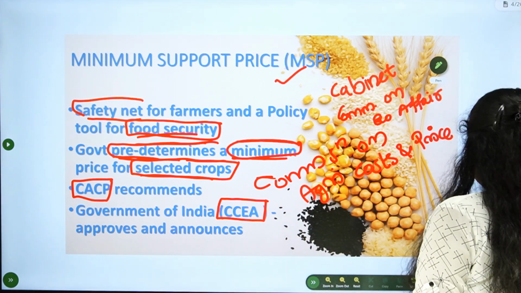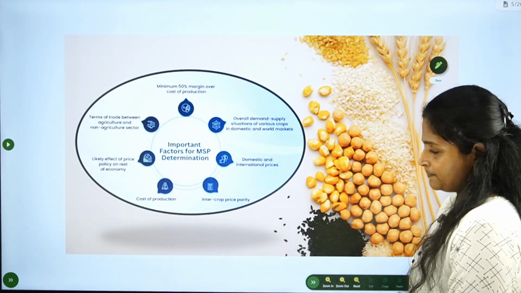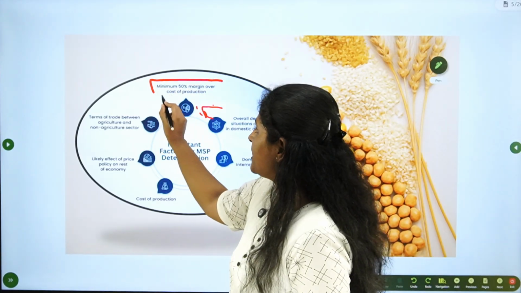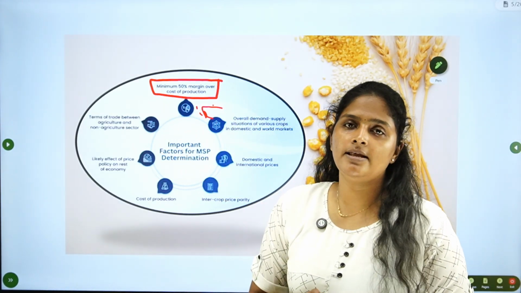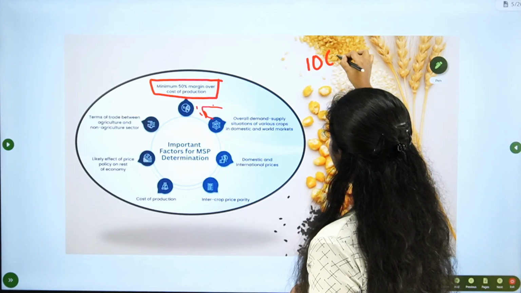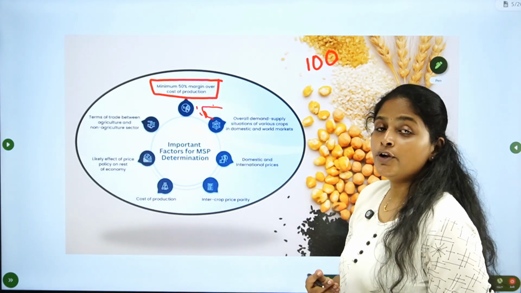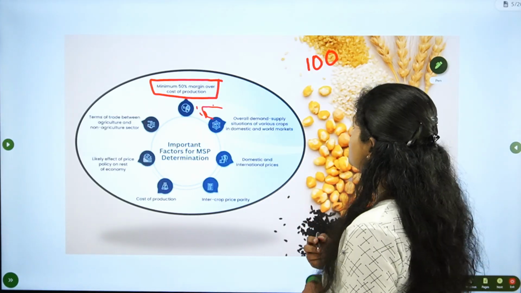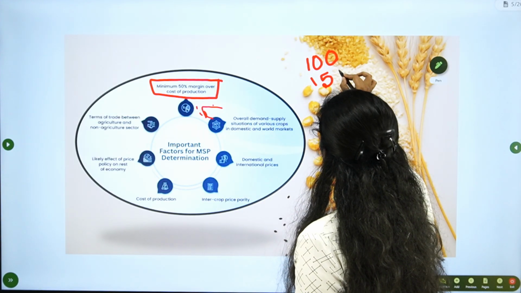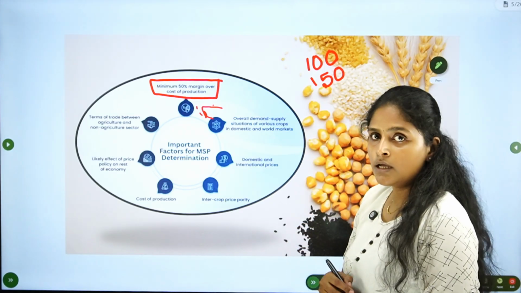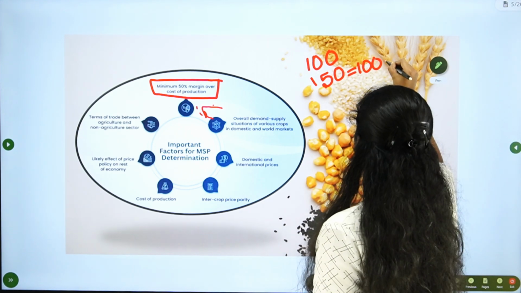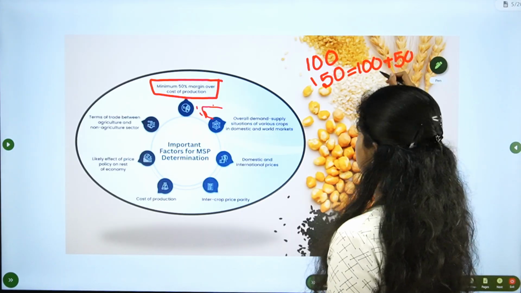Now, how does this CACP determine the MSP? CACP fixes this MSP at a margin of 50% minimum. That means if you spend 100 rupees for your cropping as your cost of production, CACP ensures that you will at least get 150 rupees so that your 100 rupees cost of production is covered along with an income of 50 rupees.